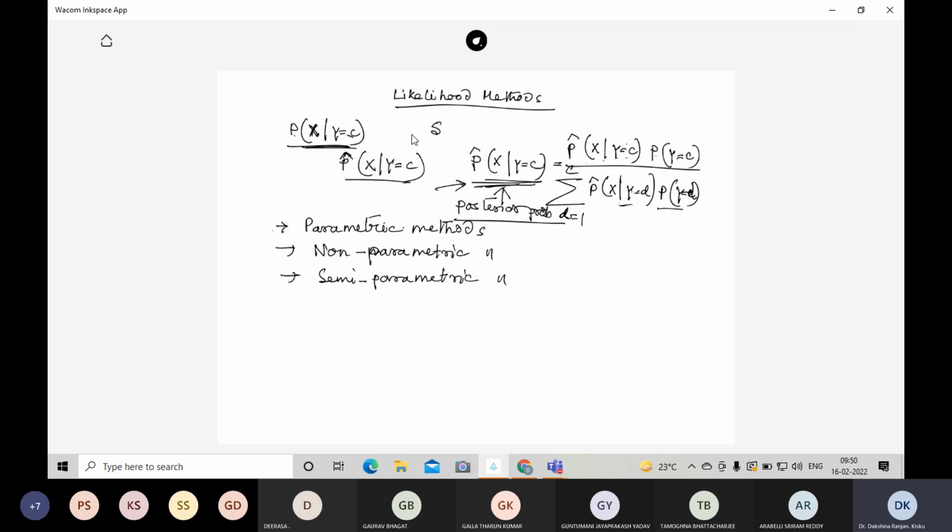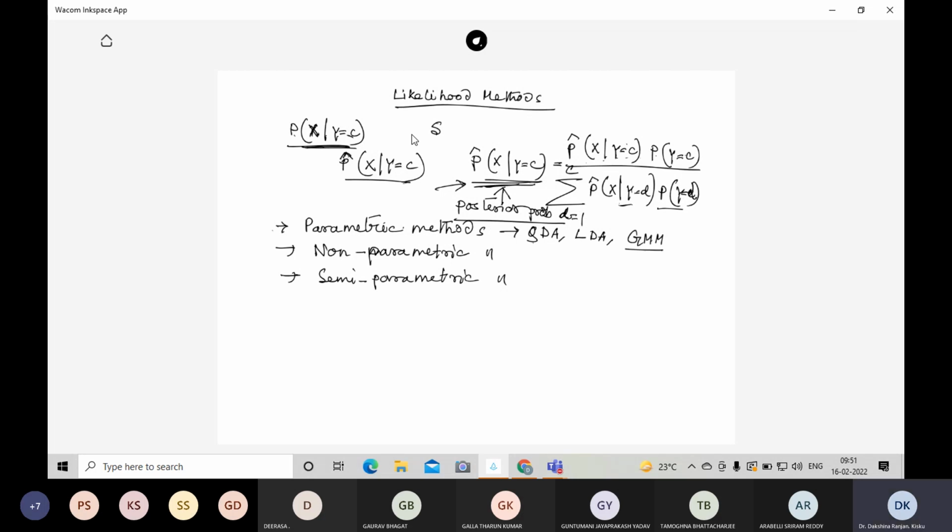Okay, now what are the parametric methods? What are non-parametric methods? So in parametric method, we can have the quadratic discriminant analysis, linear discriminant analysis, and Gaussian mixture model, which is called GMM.